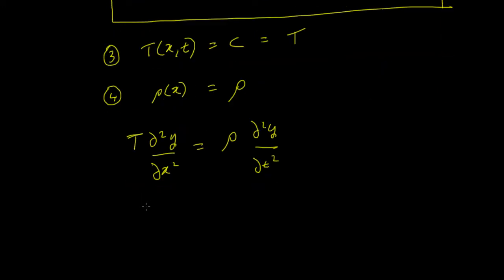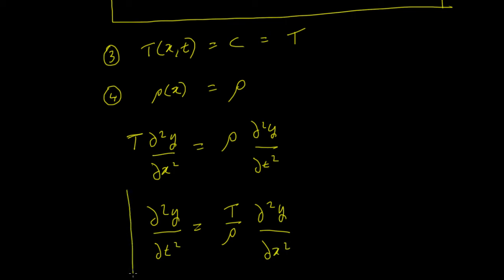If we rewrite that, we can take the rho down and flip it around the other way. So partial squared y by partial t squared is going to equal T upon rho times partial squared y by partial x squared.